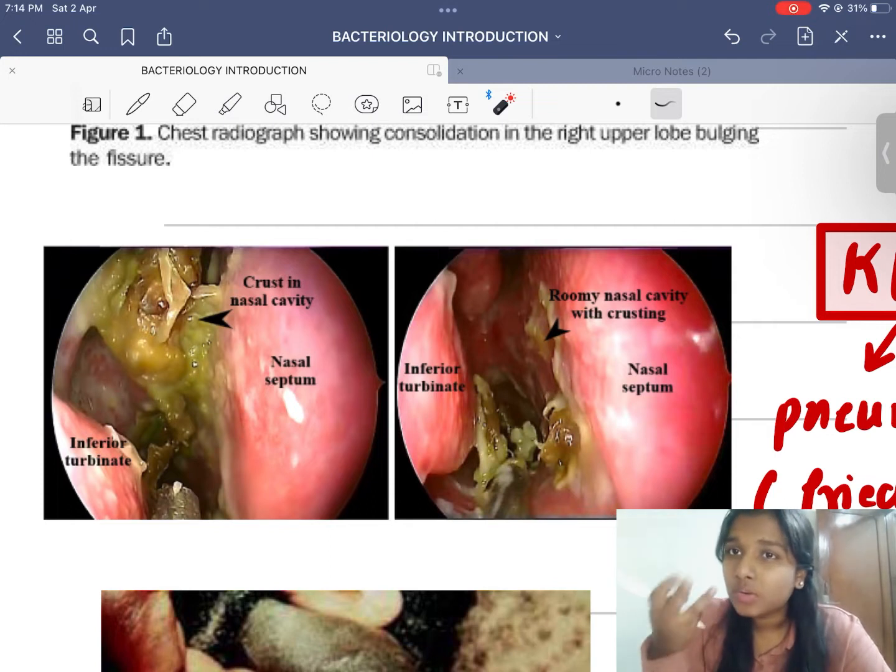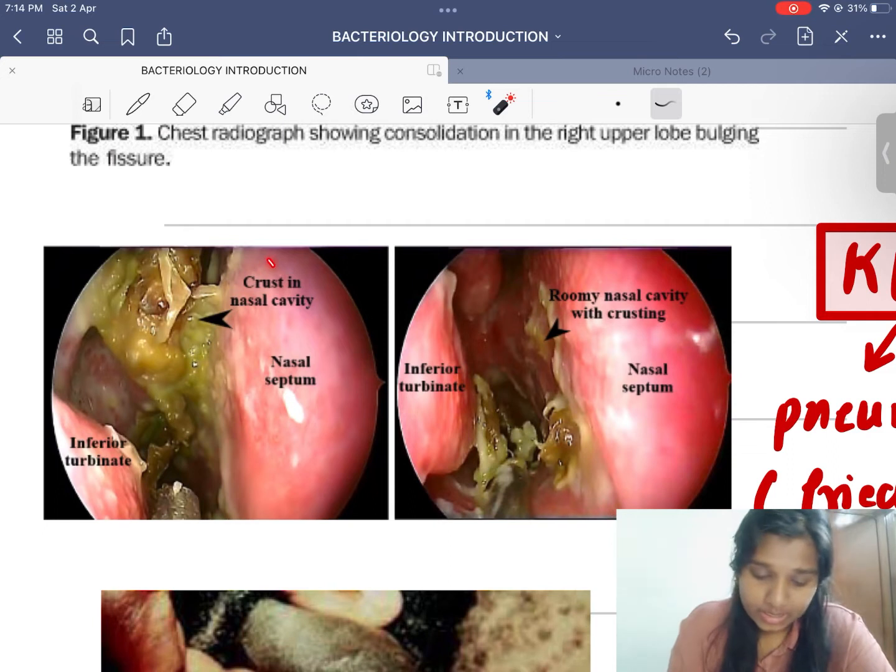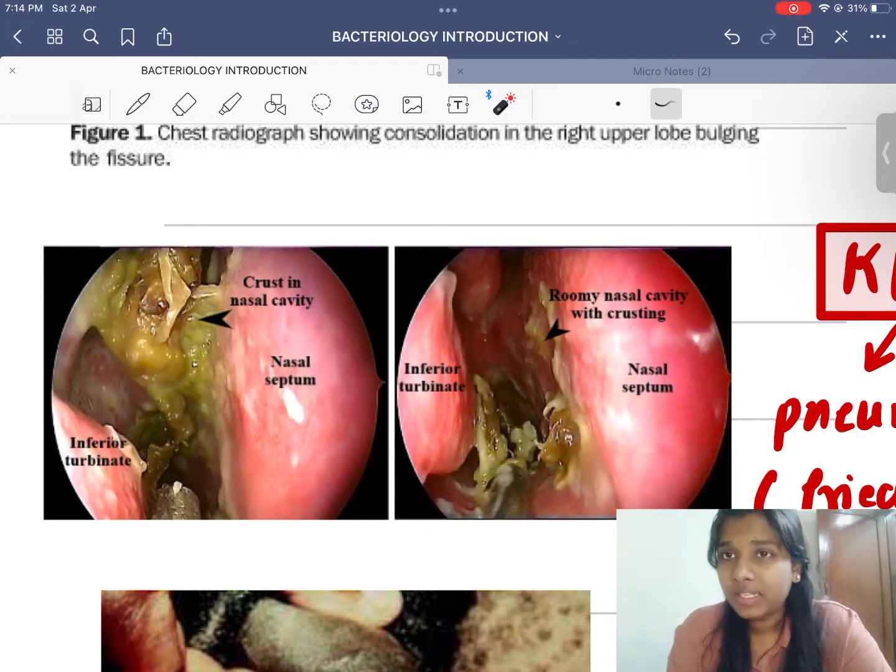So a lot of air goes inside. First point is there's a roomy nasal cavity. Because of that, a lot of air goes inside, and there are a lot of dry crusts, right? Dry crusts, a lot of crusts, and what else? You have anosmia, right? You cannot smell, and there's also a very bad smell.